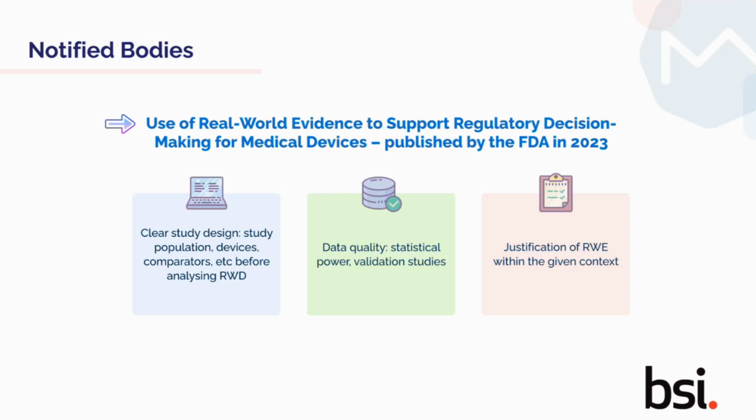So for example, to go back to the point of any eCOA or ePRO tools, whether they're used within the context of medical devices or in pharma generally, you'd want to outline the psychometric parameters of those ePROs, showing that they're fit for purpose, that the mathematical properties will ensure that the data generated is valid and can support any regulatory decision making.